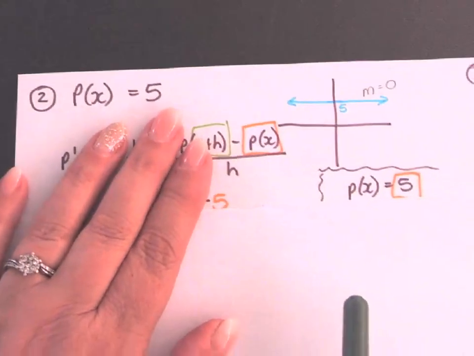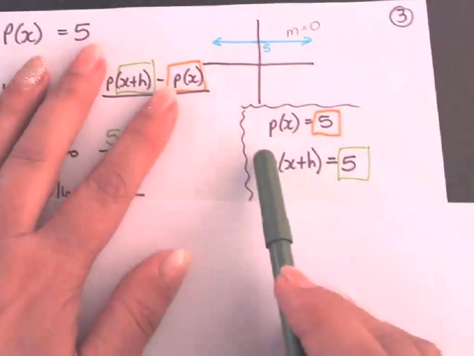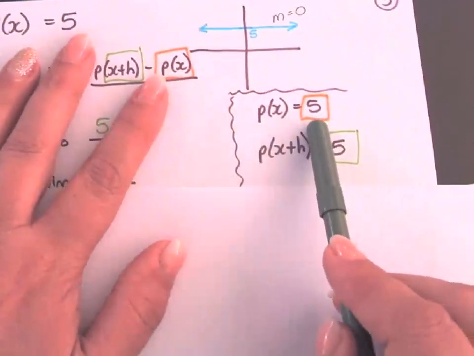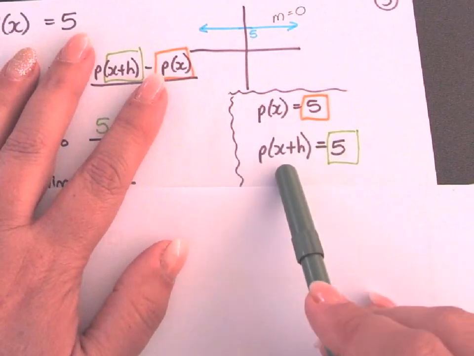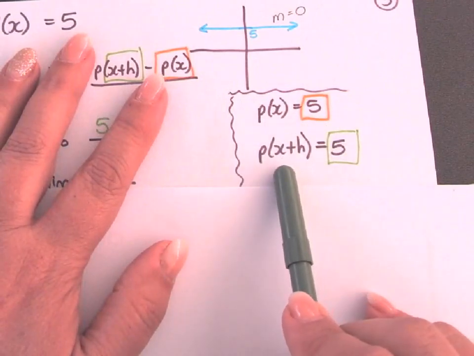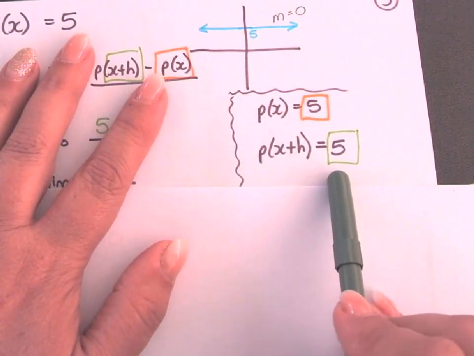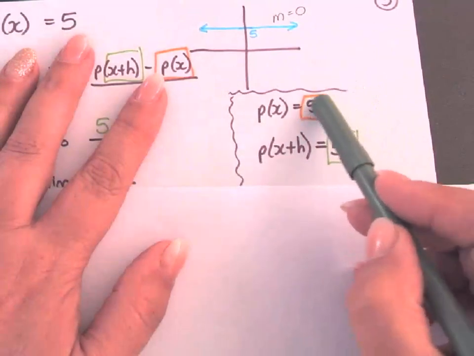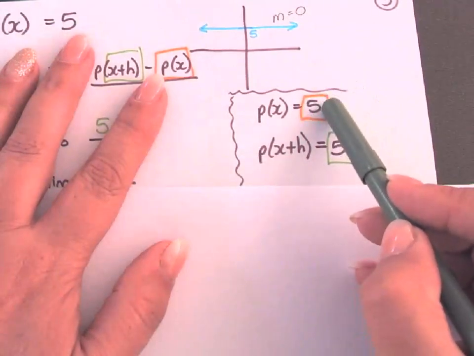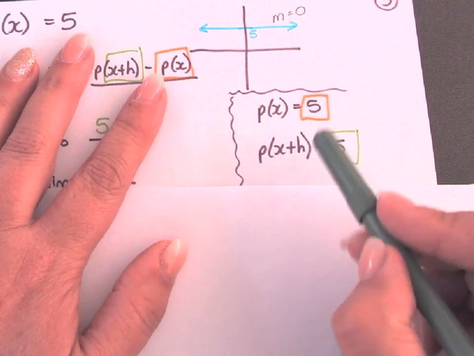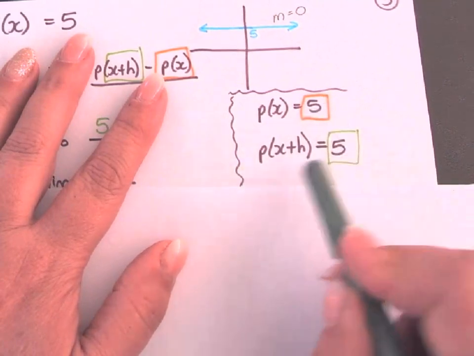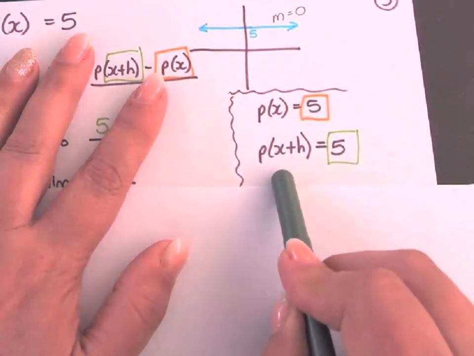We have to do a little bit of homework. p of x is 5, and p of x plus h is also 5. There is no x here. So if there's no x, you just rewrite the function for p of x plus h.